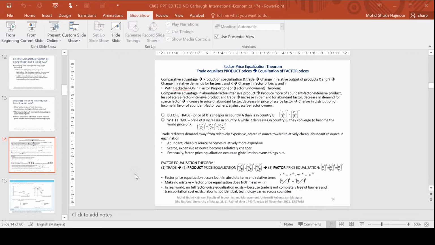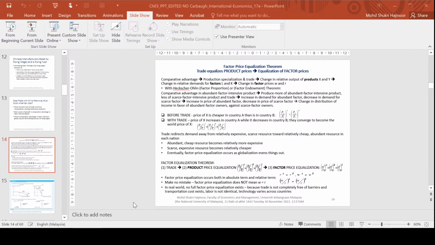Capital in China is very, very expensive. China has more labor. United States has more capital. China has more labor means less capital. China has very little capital, so the price of capital was very high. The United States, on the other hand, has lots of capital. The price of capital was low here.